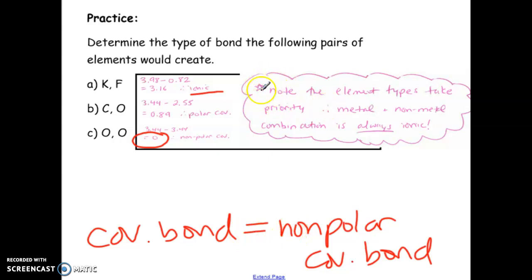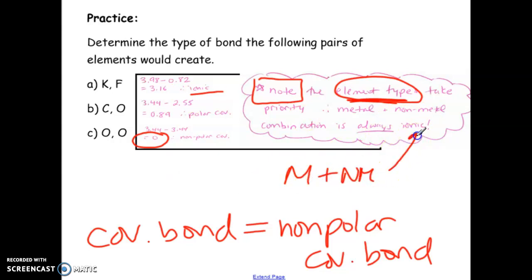Now, I made a little note here because when you start doing some example questions with electronegativity, you may have some elements where the type of bond that the calculation is telling you doesn't really make sense. So the element types always take priority, okay? A metal plus a non-metal is always ionic. So sometimes when you're calculating the difference in electronegativity, it might give you something in the polar covalent range, but a metal and non-metal bonded together is always ionic, okay?